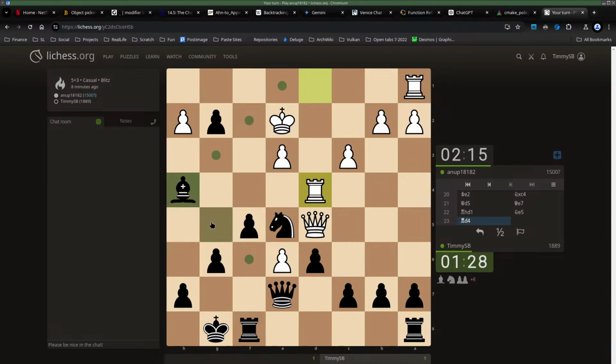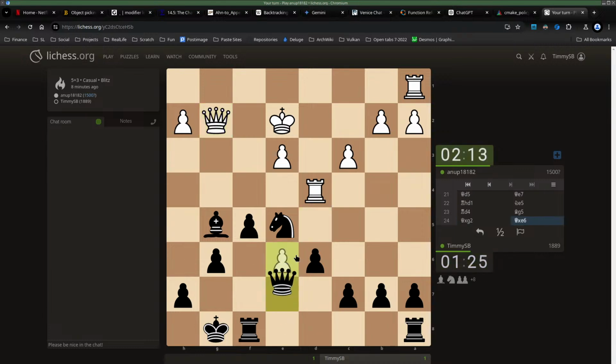No, let's go away with this one as well. That's not doing anything. Let's take this one. Oh, but now it's doing something. Okay, yes, because I took the ball.